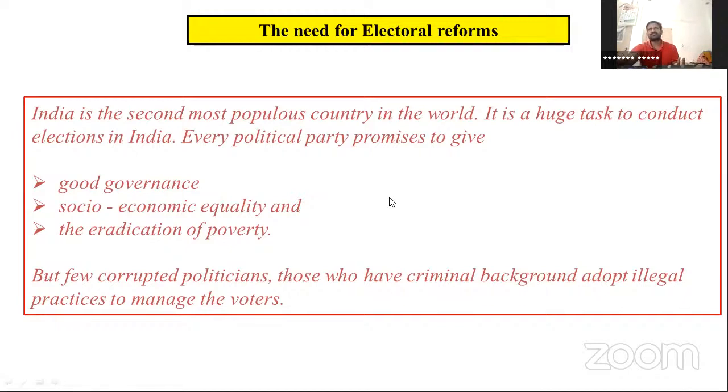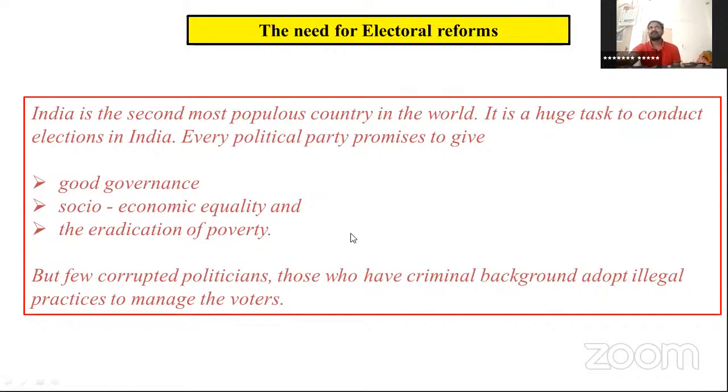As per technology, we have to change our lifestyle. Look at this. Nowadays, I'm using a computer and mobile phone. In the early days, this technical equipment was not available. Same in the Election Commission reforms.